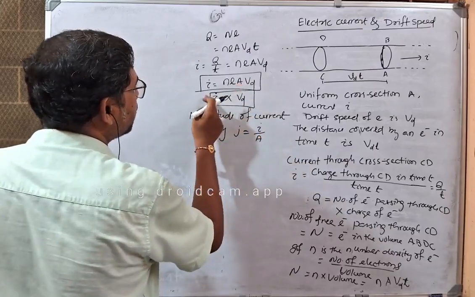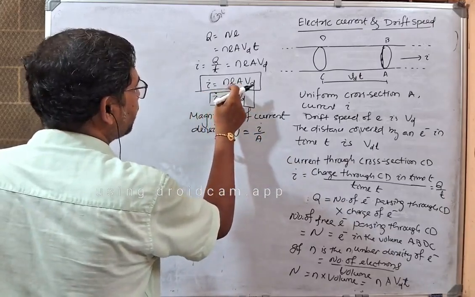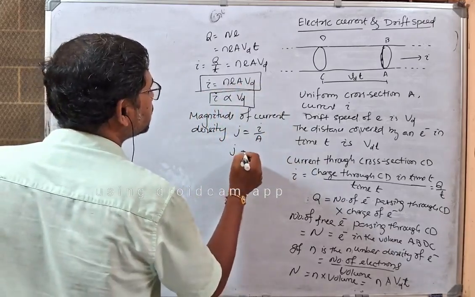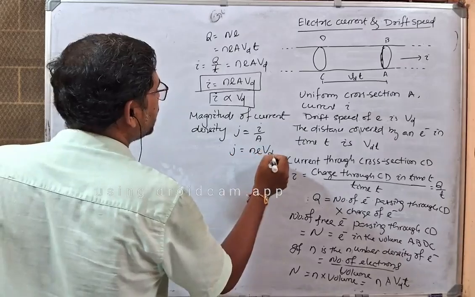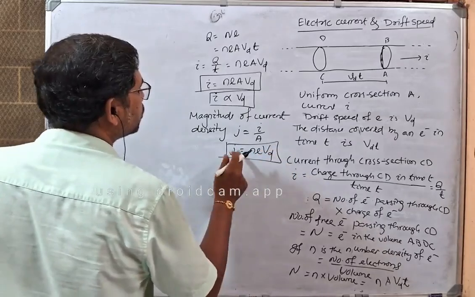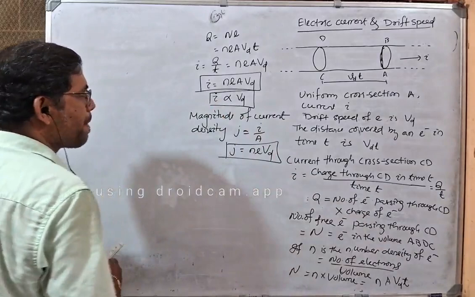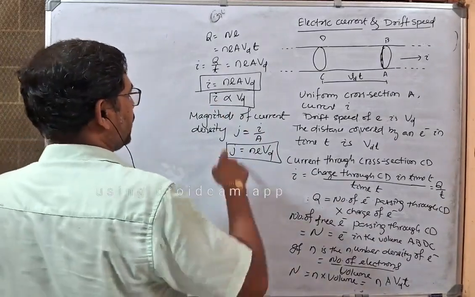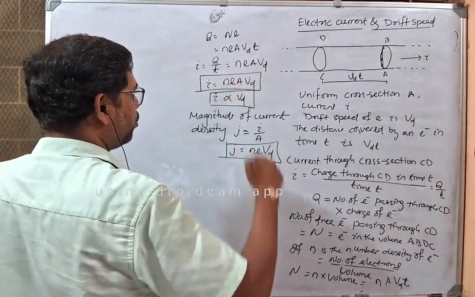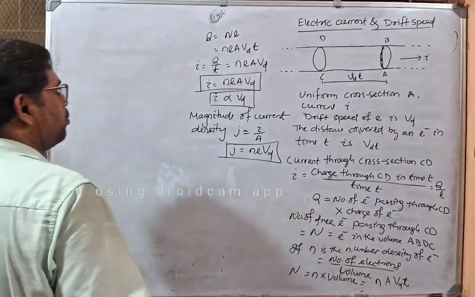So if I divide by area, what is left? nevd. So J is equal to nevd. Here also J is proportional to vd. Current is proportional to A. More the area, there will be more current.